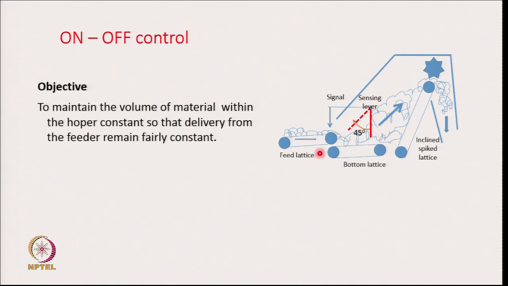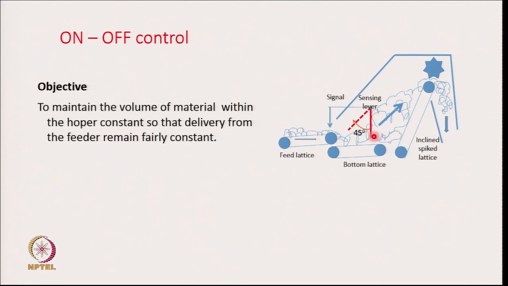So, we have a sensing lever over here within the bale breaker or hopper feeder, and the purpose is to maintain the volume of material within the hopper constant, so that the delivery from the feeder remains also fairly constant. If we can keep the material volume within this bin constant, then the delivery from here also will be constant.